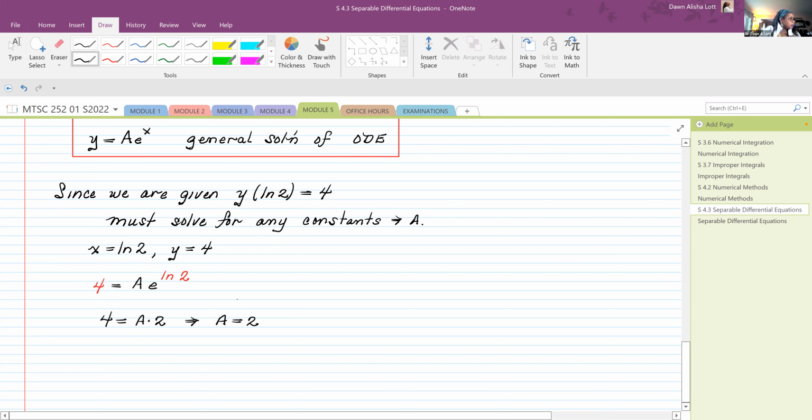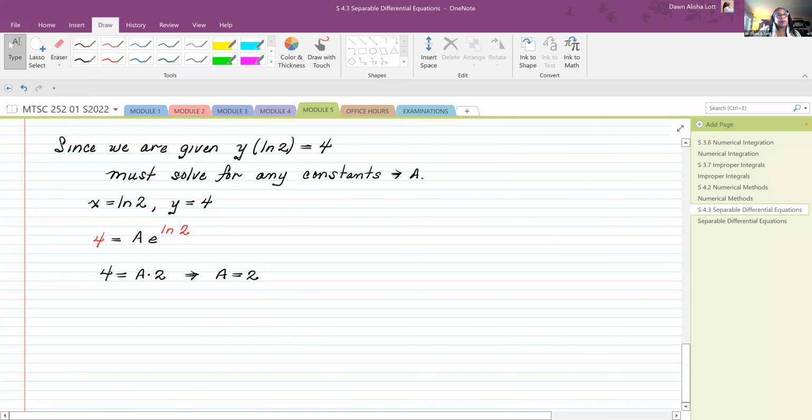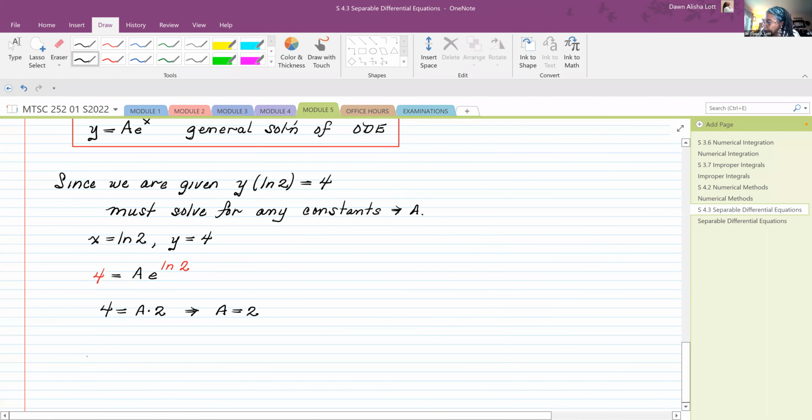is 2. All right, so now we're going to get a unique solution, and our unique solution is a is 2. So y equal to 2e to the x. I go back and in the place of a, I put 2.